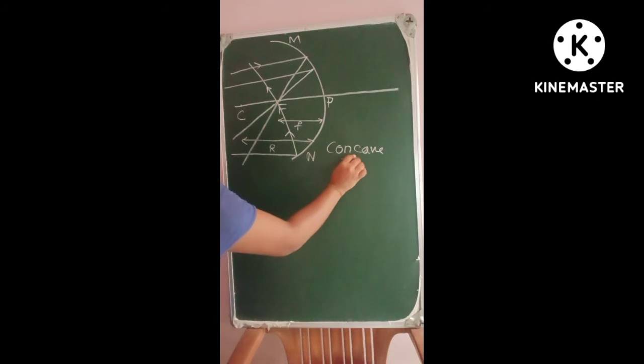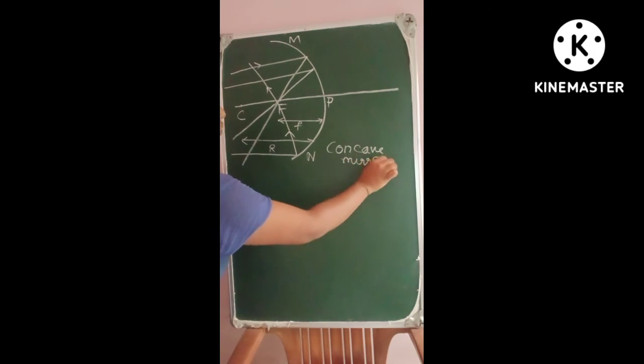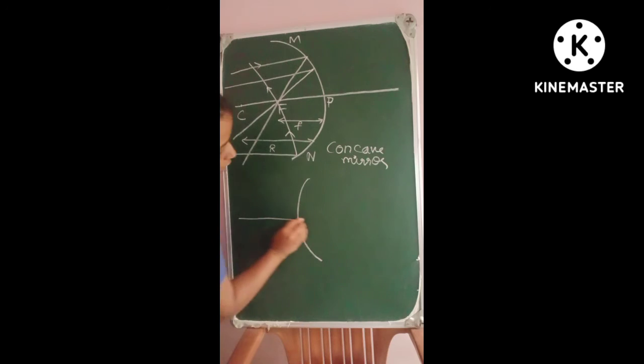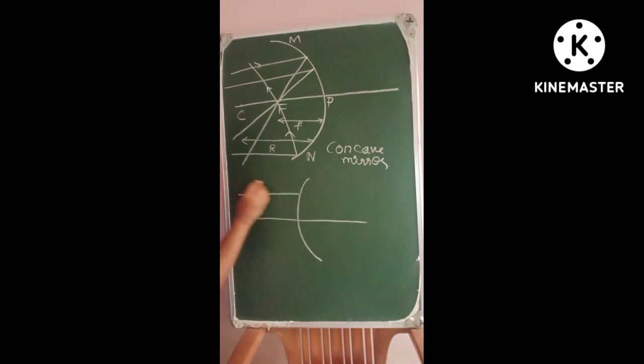Suppose we have a convex mirror, then the rays of light when they are incident appear to diverge from a point. Such a point is called the principal focus.